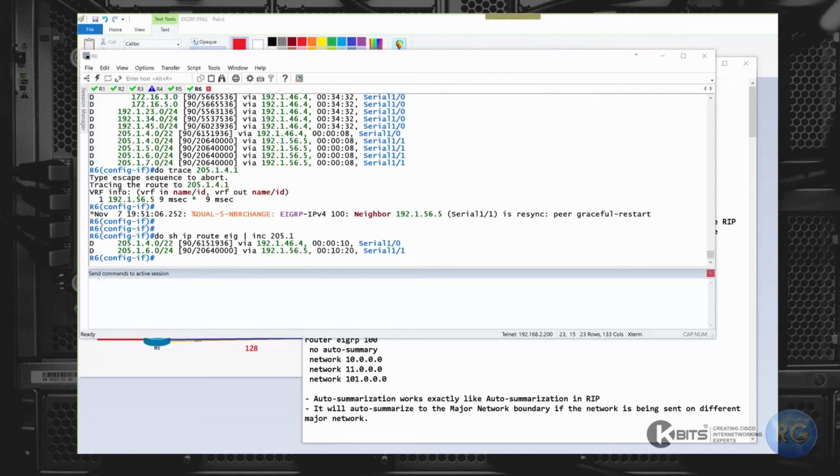Not only that, let me ask you another thing. Right now, we did summarization, we did authentication. When we did that, where was my config? I had some config under the router. Config like what? The network statements were over here. If I wanted to do any distribute list, it would be over here.